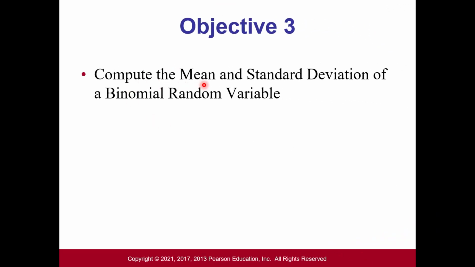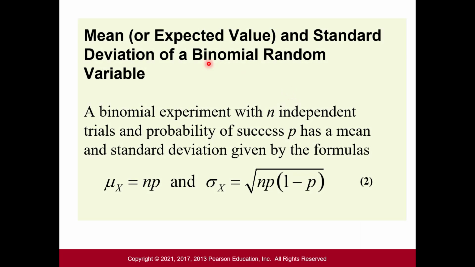Now let's compute the mean and standard deviation of a binomial random variable. So the mean, or the expected value, and standard deviation of a binomial random variable can be found with the following formulas. So remember, n represents the number of independent trials, p is the probability of success, and then our standard deviation is denoted with sigma. So remember, mu sub x is the mean of our random variable.